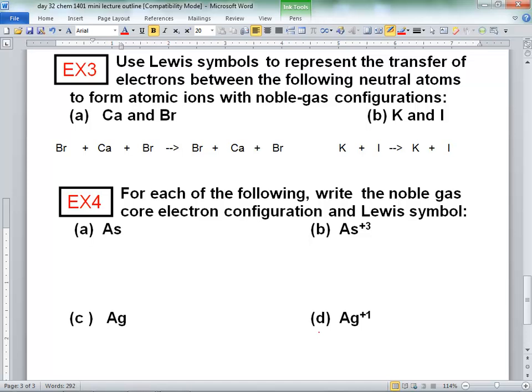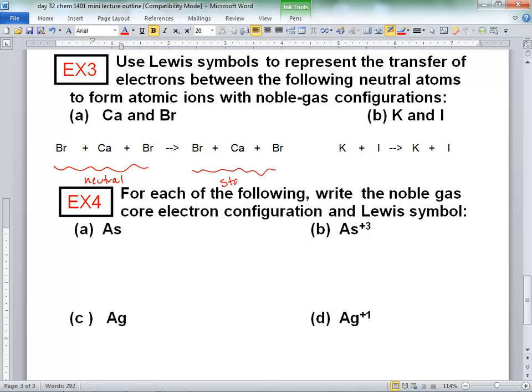I helped you out by writing kind of a little skeleton of what's going on for these. So use Lewis symbols to represent the transfer of electrons between the following neutral atoms to form atomic ions with noble gas configurations. So on this side, you want neutral atoms. So you pretty much just write the Lewis dot symbol for that stuff. And then on the product side, here's where you have your ions.